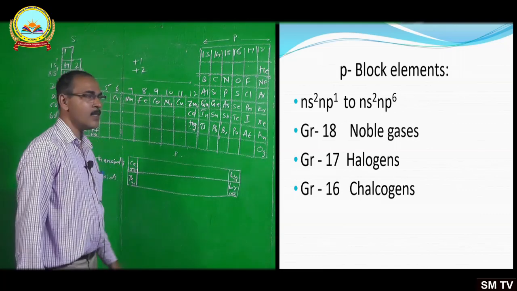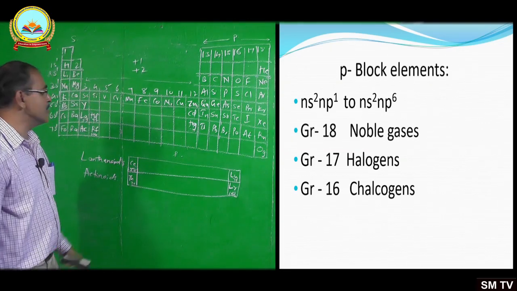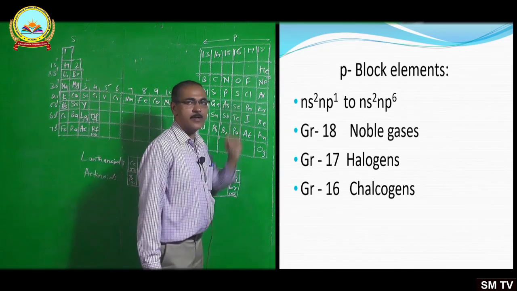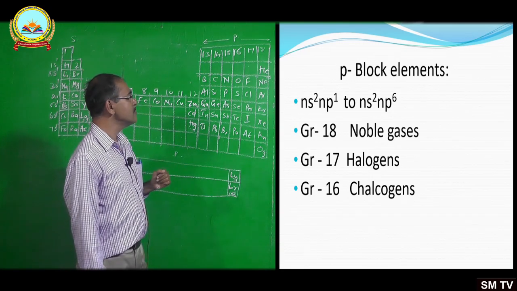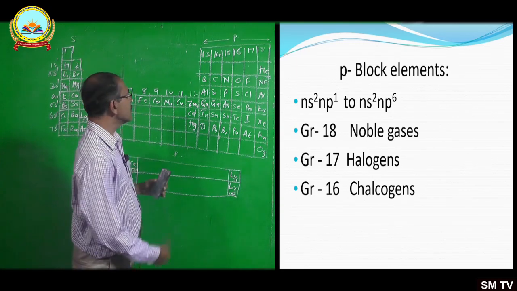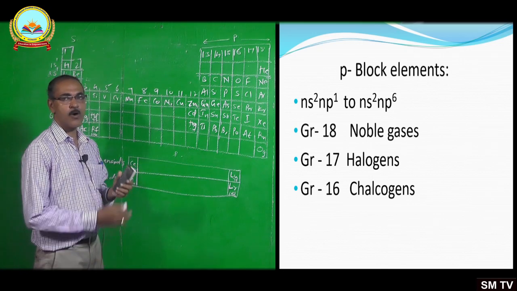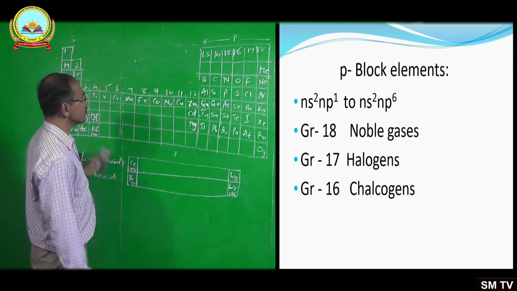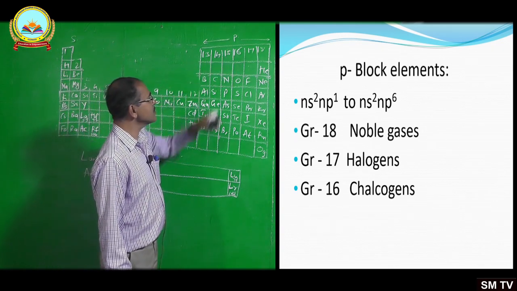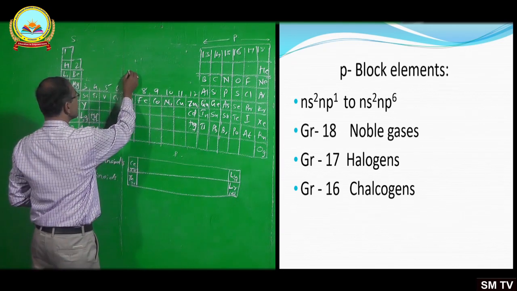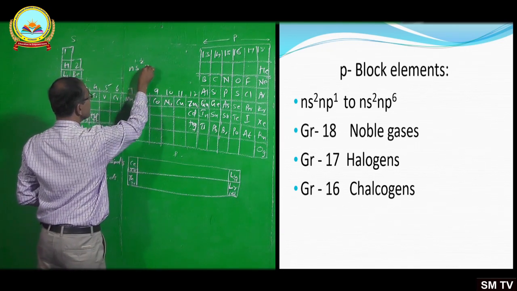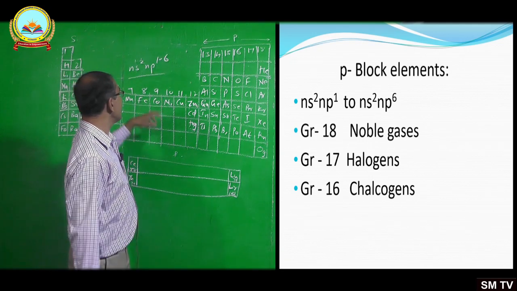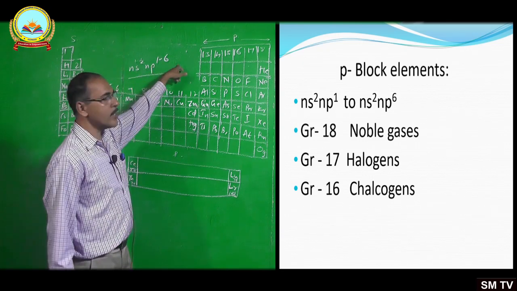Now, if you go for the P block elements, the elements placed in group 13 to 18 are P block elements. The important point is the valence shell electronic configuration, or the outer electronic configuration. The valence shell electronic configuration for these P block elements is ns2 np1 to 6.